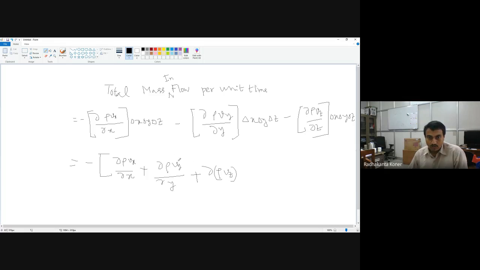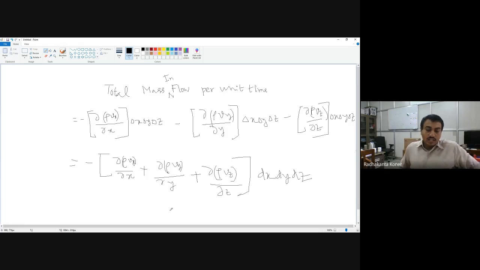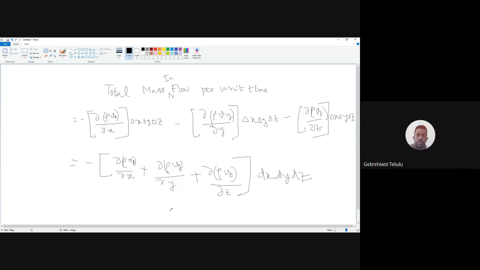In this case, I should use a bracket. The bracket is essential. Divided by del z, x y z. So this is the total mass inflow in that block, per unit time.